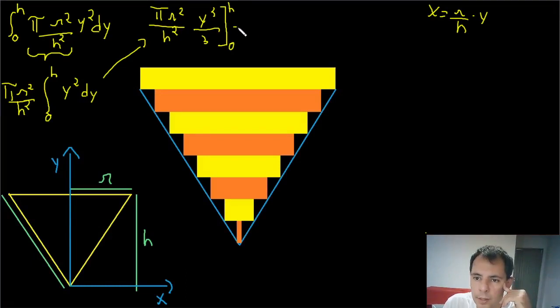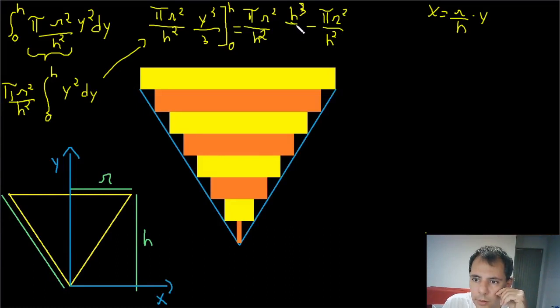So when you plug this in, you have pi r squared divided by h squared times h cubed divided by 3.